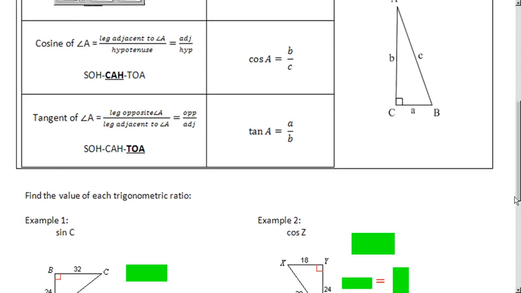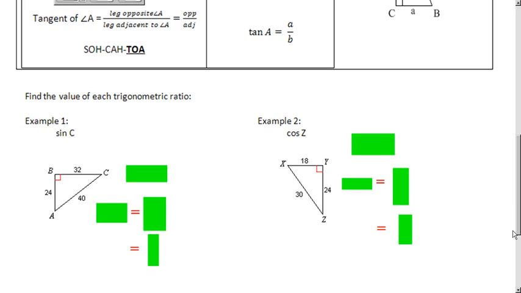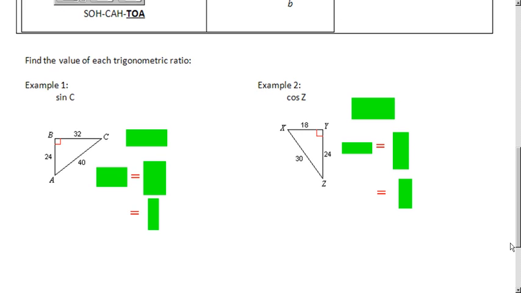When you come down here and you need to determine, it says the sine of C. So you need to find angle C. This would be angle C right here. Sine of C is opposite over hypotenuse. You're always starting with your angle, the sine of C equals, well, what is opposite of angle C?